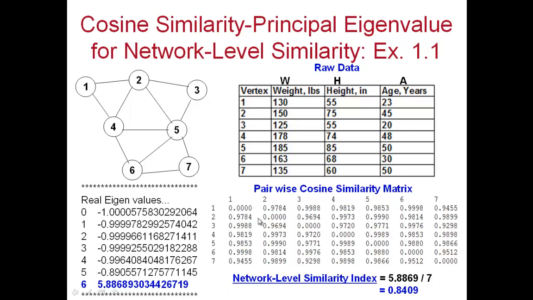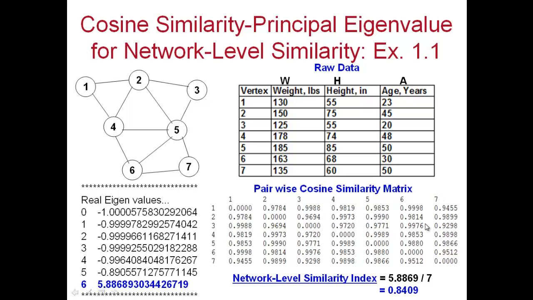Now, the diagonal is always going to be zeros, but if all the other entries are 1, that means the two corresponding vertices are exactly similar to each other. So if the vertices are exactly similar to each other, then all the entries other than the diagonal are going to be 1, and the principal eigenvalue of such a matrix is going to be the number of vertices, which in this case is 7.